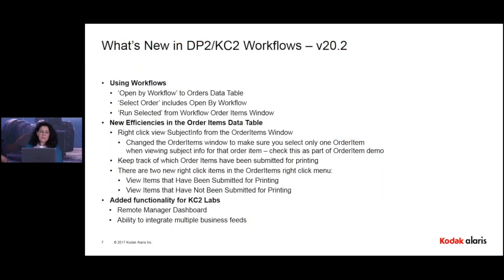Here are some of the features we're going to cover in terms of enhancements for the DP2 and KC2 workflows. This is a subset, a short list of the different things that were added for version 20.2. All of them are about workflow efficiencies and automation, and they cover a wide range of places and tools in DP2.